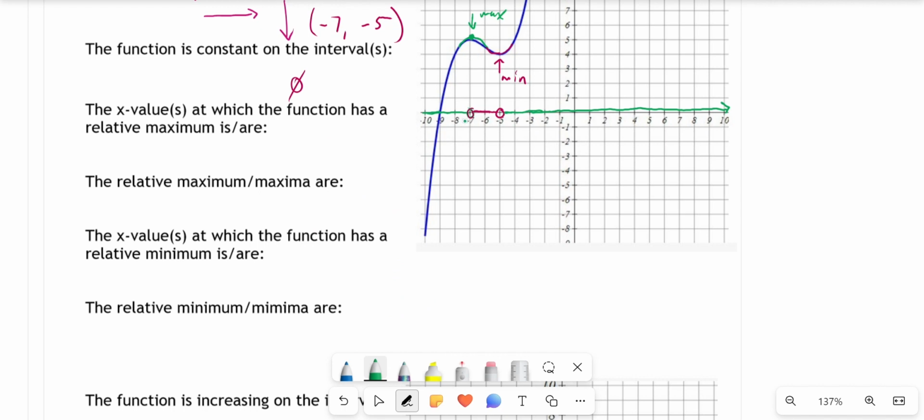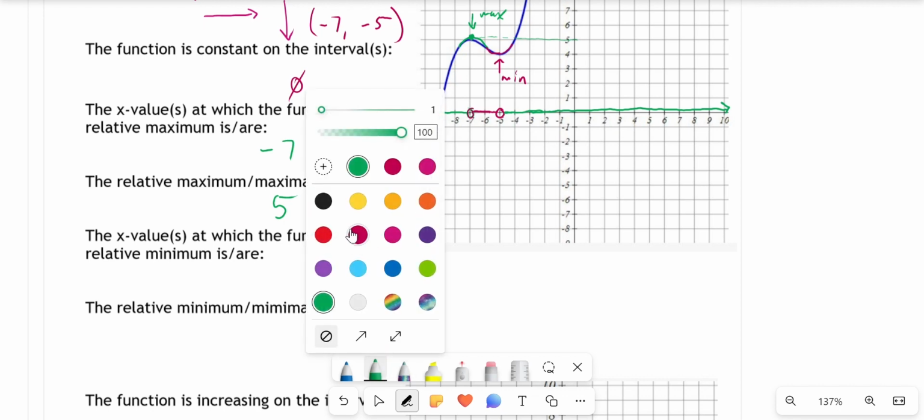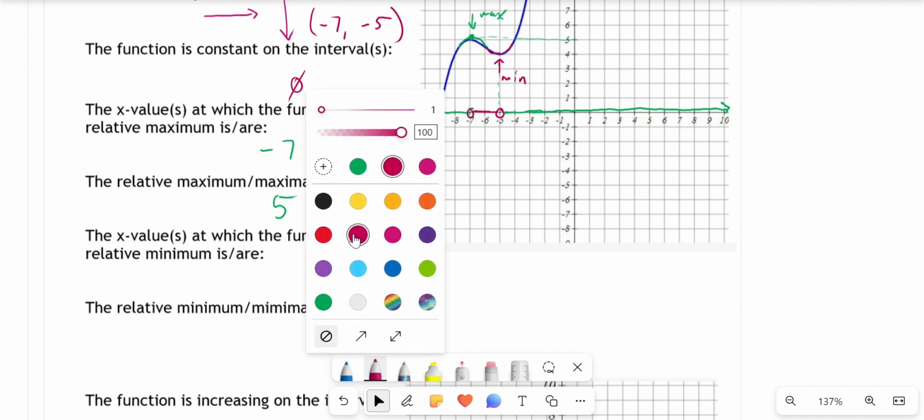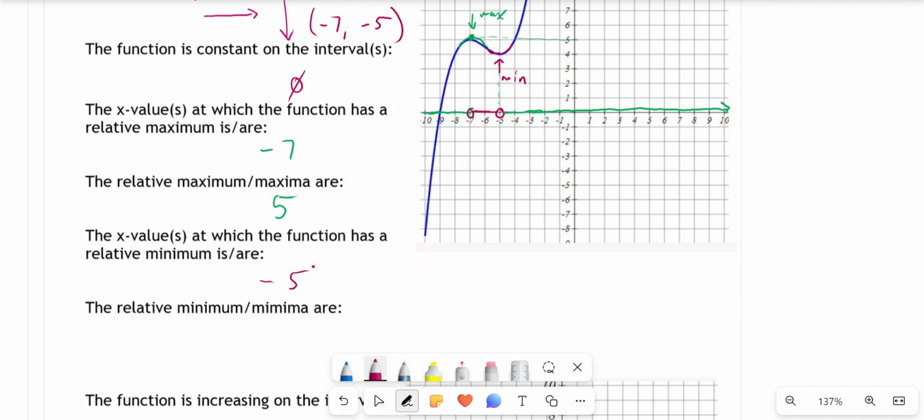That's -7. And what is that maximum? That's the next question. Well, that's 5. What about the x value of the relative minima? That seems to be happening at -5. And what is the value of that minima? That is to say, what value attained that? Well, that appears to be at +4.